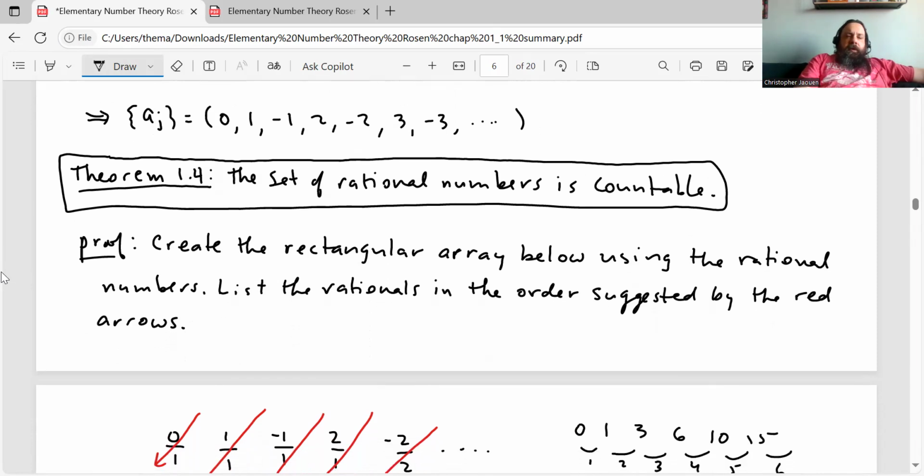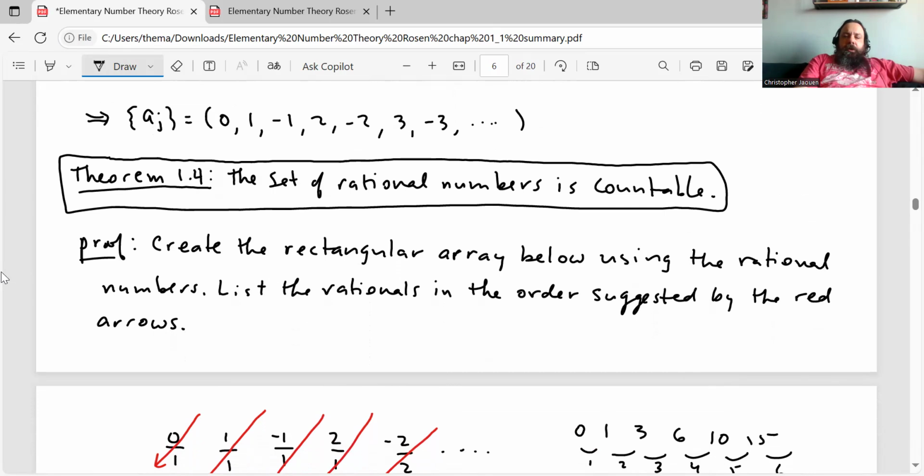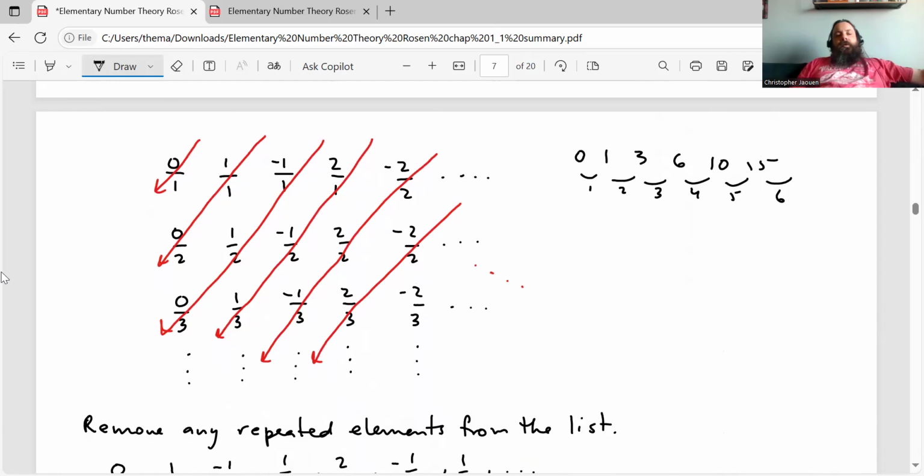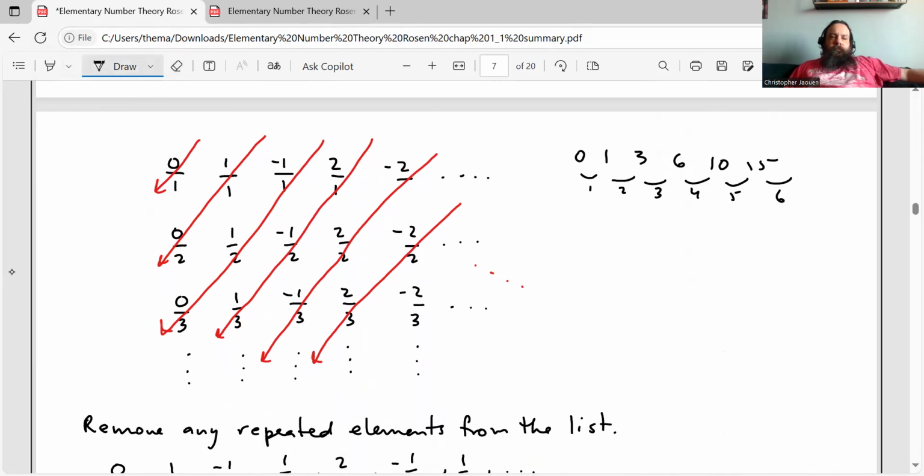So here's the proof. Create a rectangular array below using the rational numbers. List the rationals in the order suggested by the red arrows. So here I have the picture drawn. So notice for each row you have the denominators increasing by 1. So you start with a denominator of 1, then the next row has all the fractions that have the denominator 2.